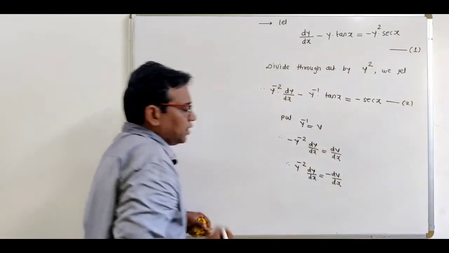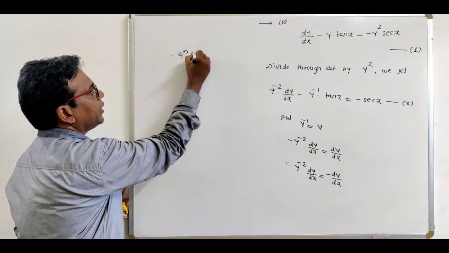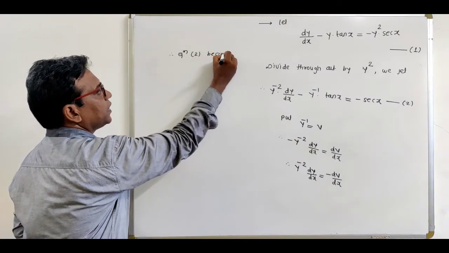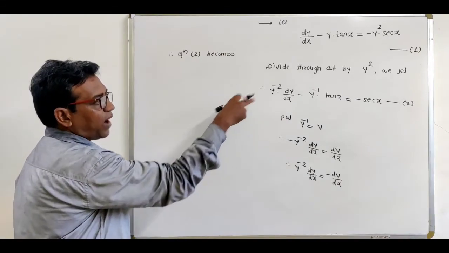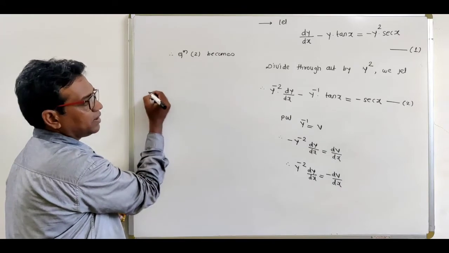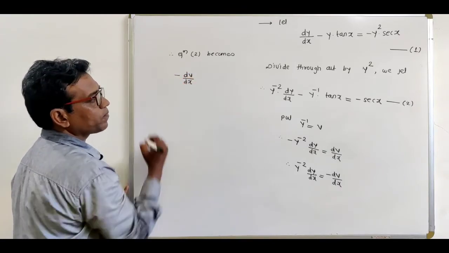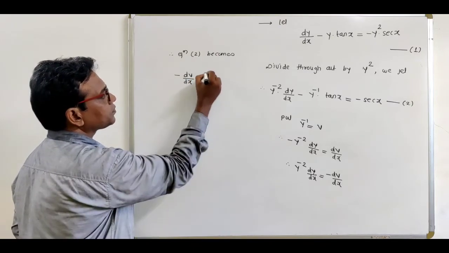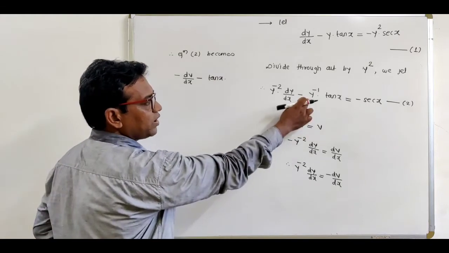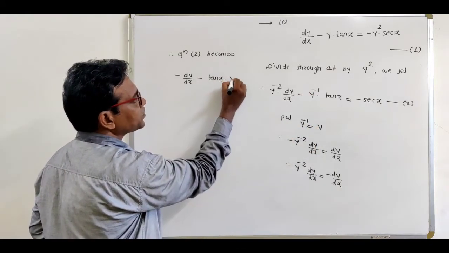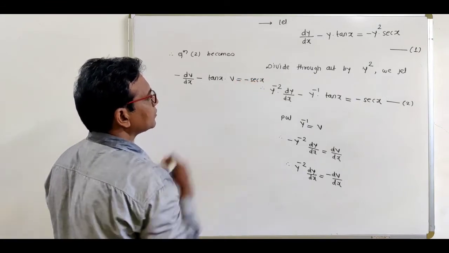Therefore, equation 2 becomes minus dv by dx minus tan x into v, putting v for y raised to minus 1, equal to minus sec x.